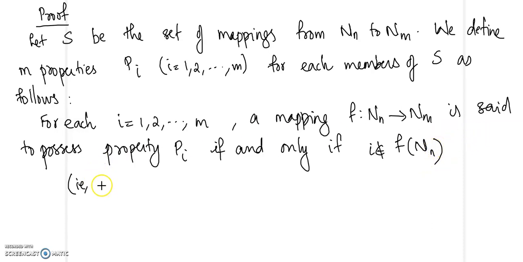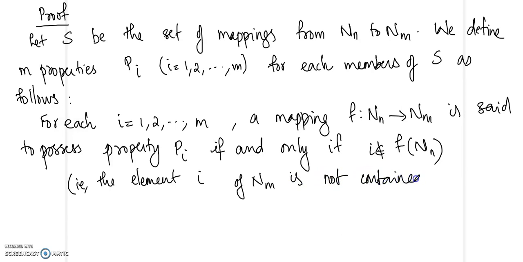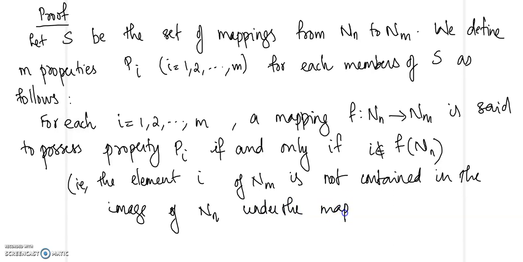So the element i of Nm is not contained in the image of Nn under the mapping F. So under the mapping F, i will not be contained in the image set.